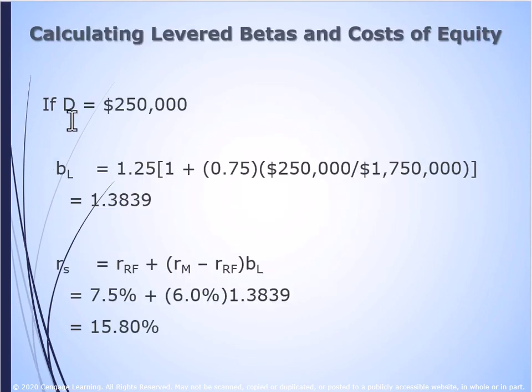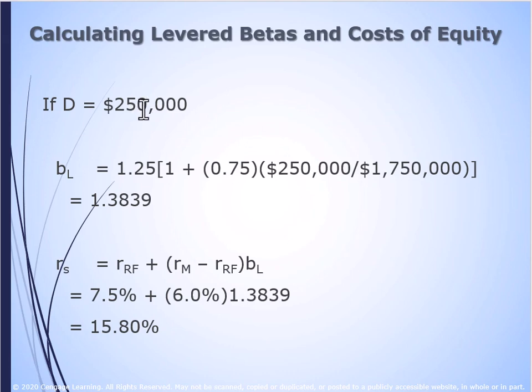So if debt goes from 0 to 250, we need to adjust our formulas, right? We need to calculate, now that the company has debt, we have to have a levered beta. So you take that unlevered beta, multiply that by 1 plus 1 minus t. Now we need the debt equity ratio.